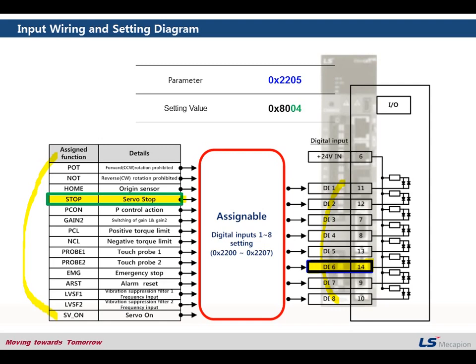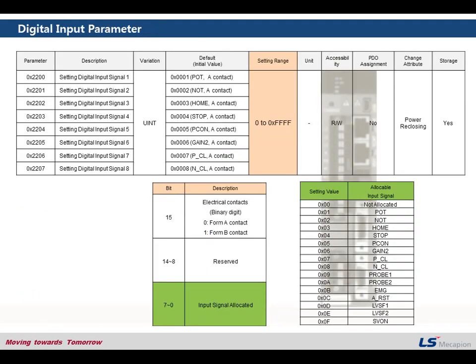So consequently, what you have set is this value. And this value consists of electrical contact and allocated signal.